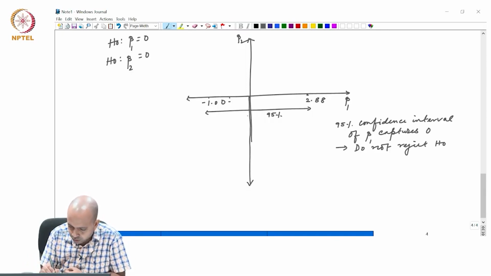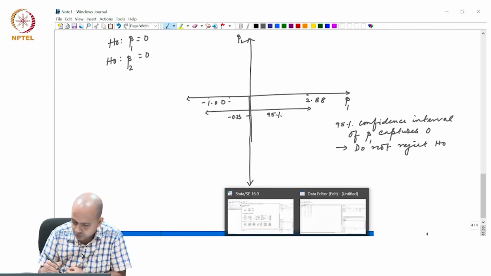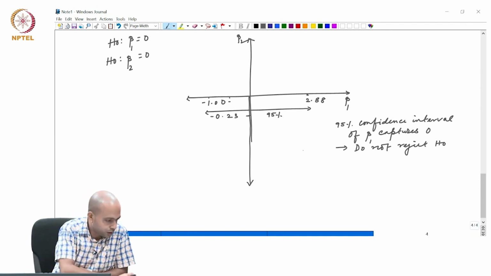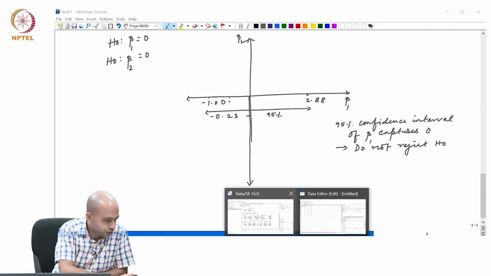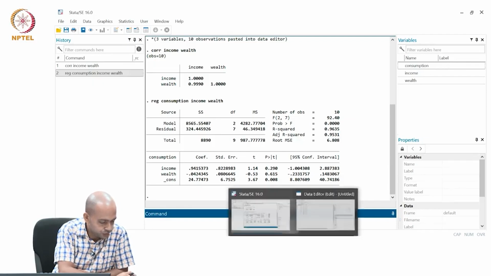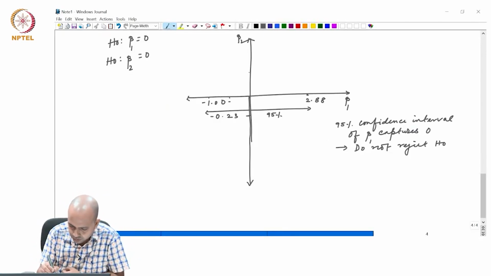Let us say this is minus 0.23, and the other one is 0.14.